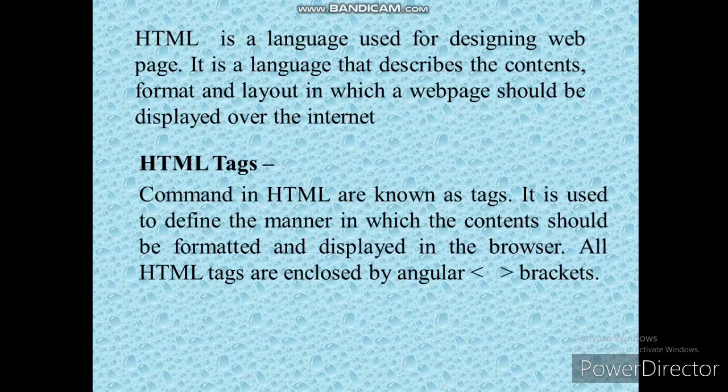All HTML tags are enclosed by angular brackets. Some examples of HTML tags are body tag, font tag, and head tag. You can see all the tags are enclosed by angular brackets.